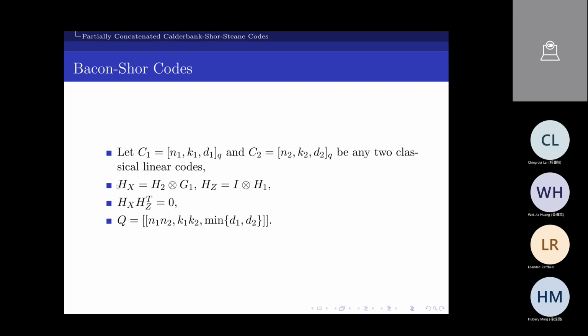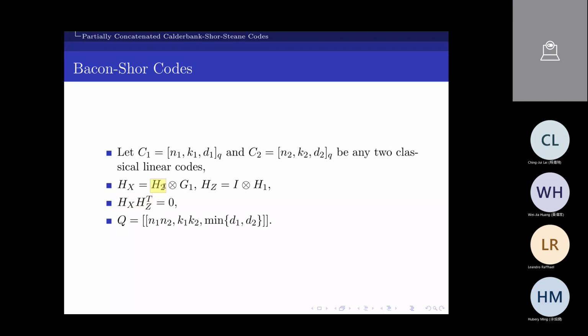And the Bacon-Shor code constructs two parity check matrices, HX and HZ, like this.